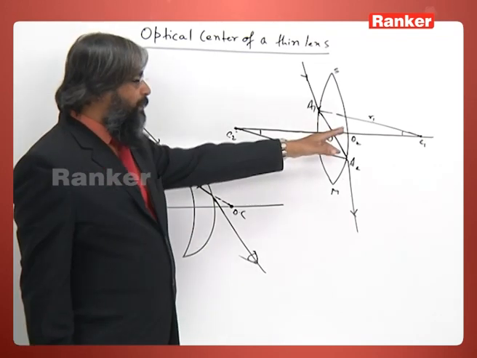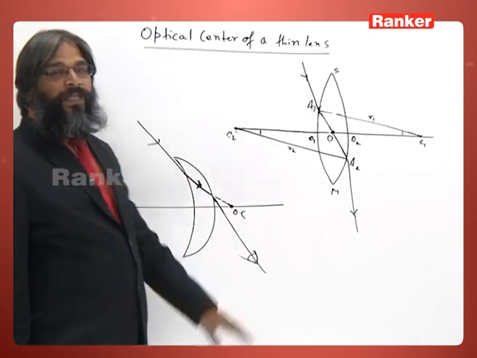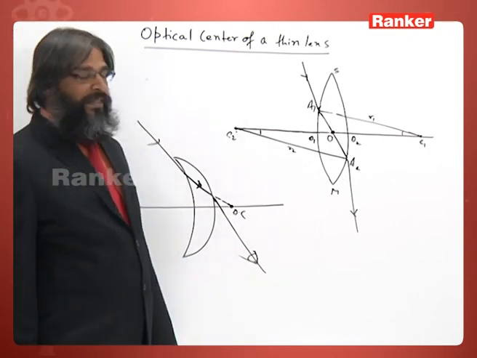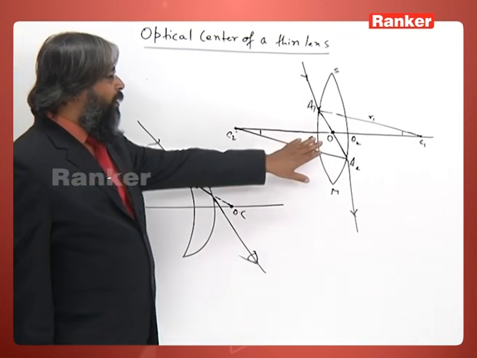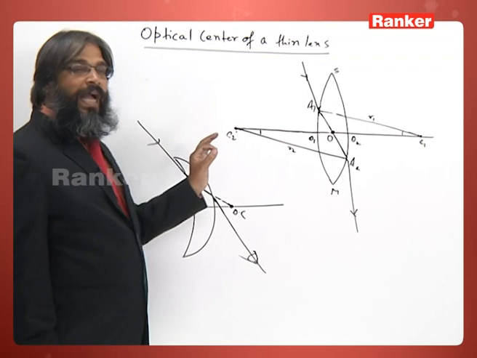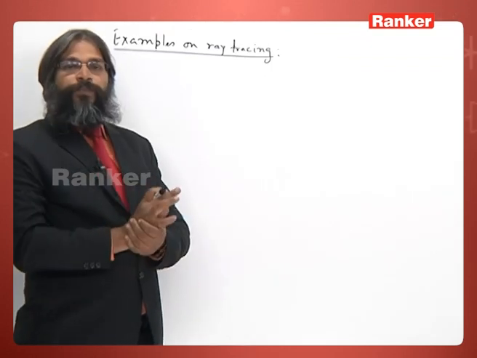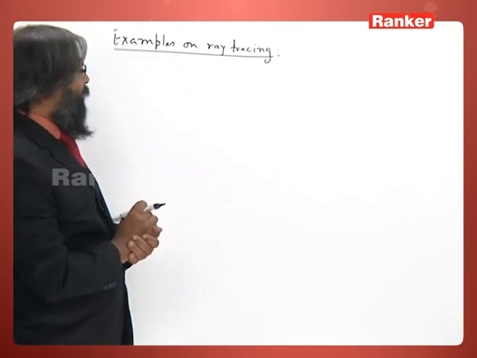For this type of system it will be inside, but for this type of lens it may be lying outside. So this is the property of the optical center, that any ray aimed at the optical center passes undeviated. So now let us take up some examples on ray tracing.